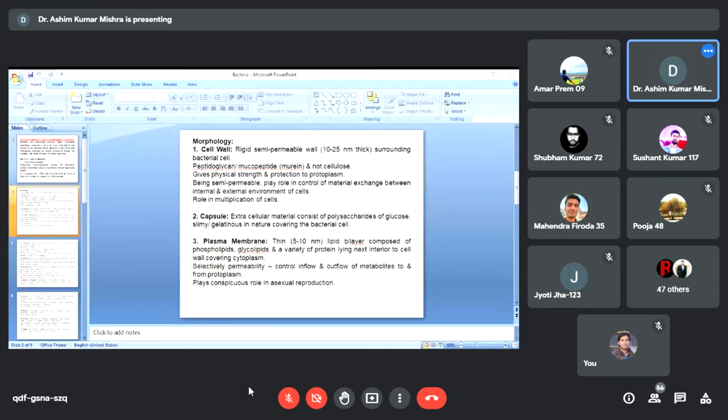By the polymerization of primary, secondary is formed.